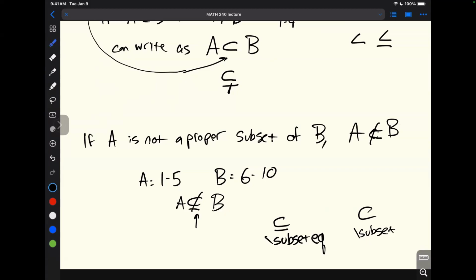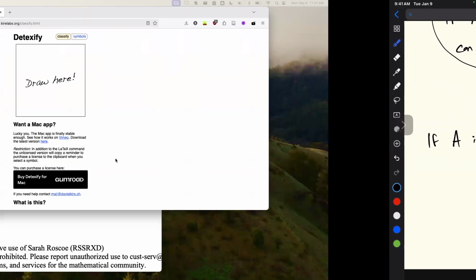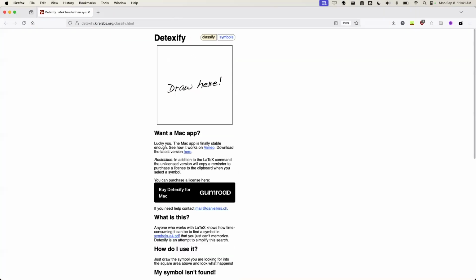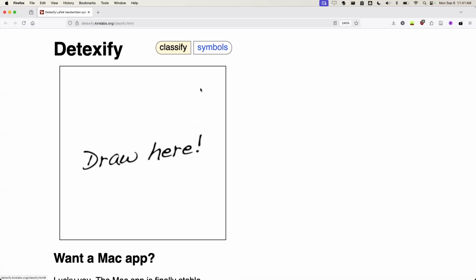Let me show you this awesome website. There's a website called Detexify, which is super useful when you're starting to learn LaTeX and you want to know what a symbol is.